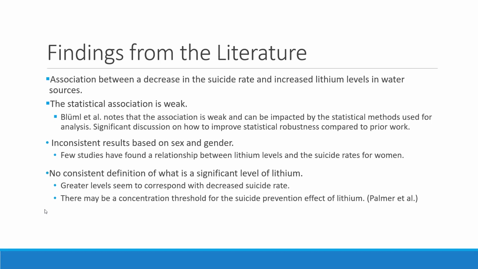It's just greater levels of lithium in the environment correspond to a decrease in the suicide rate. One thing that Palmer's study talks about, and I'm pretty interested in it, is that she suggests there might be a concentration effect. So there might be a threshold that people have to be consuming before the suicide prevention effect takes effect.